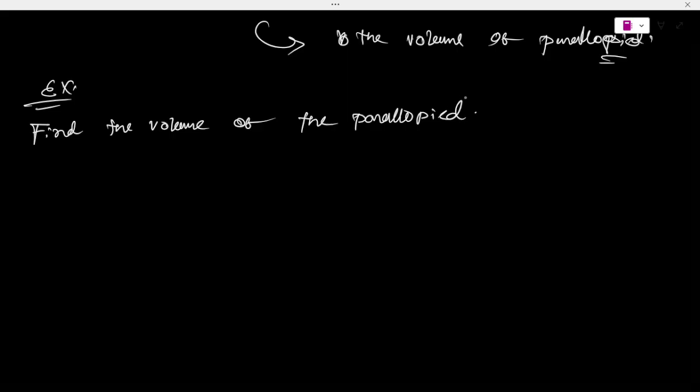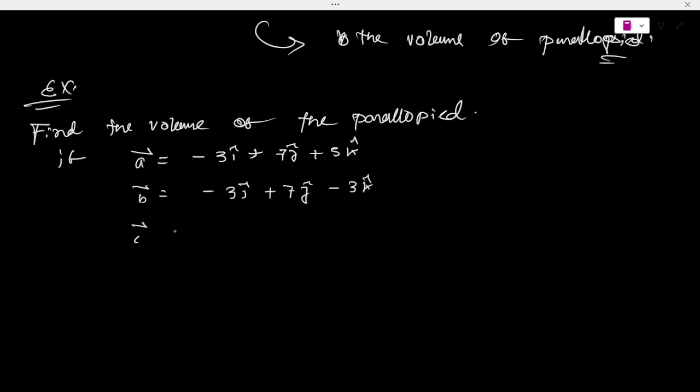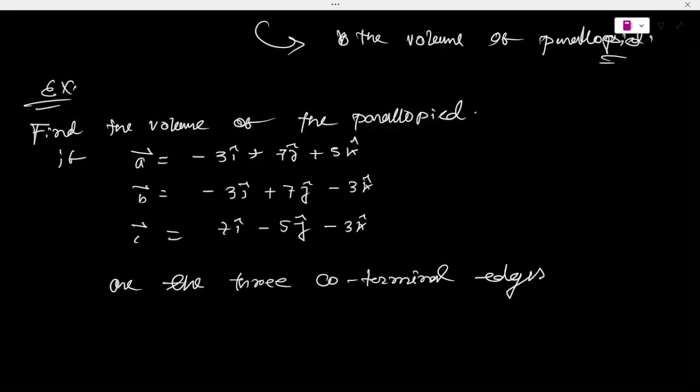If a vector is equal to minus 3i plus 7j plus 5k, and b vector is equal to minus 3i plus 7j minus 3k, and c vector is equal to 7i minus 5j minus 3k. So these are the three co-terminal edges.